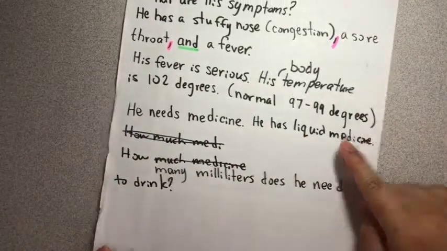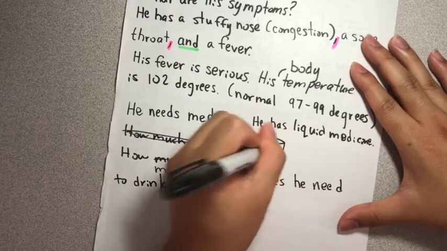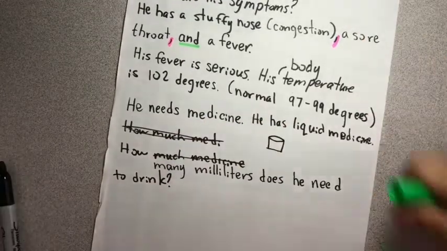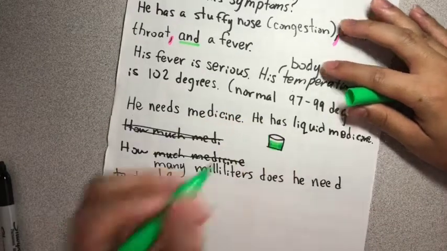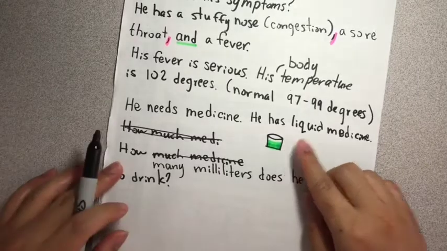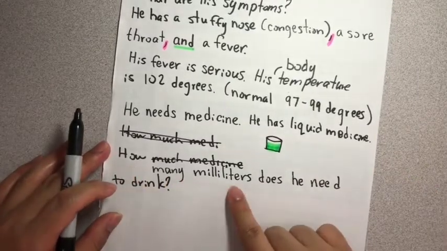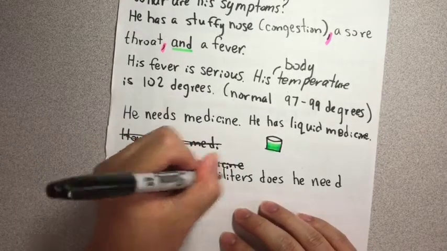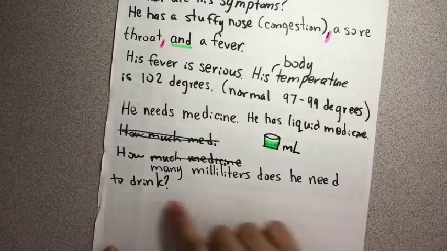He has liquid medicine, so his medicine is medicine you can drink. It's gonna be green. This is his medicine here. So this is his medicine. It's liquid medicine. He has to drink it. So how many milliliters? Remember, milliliters is ml. How many milliliters does he need to drink?